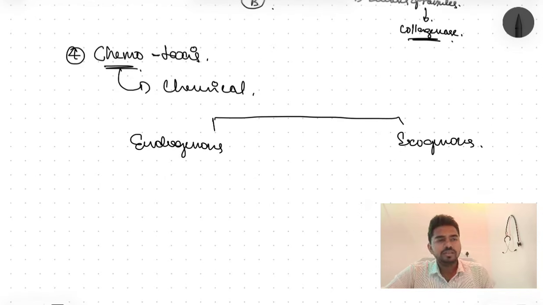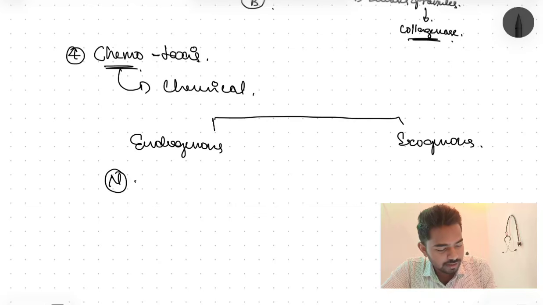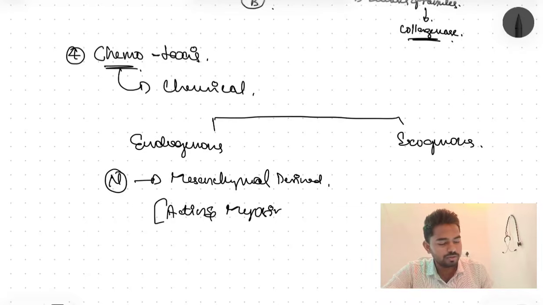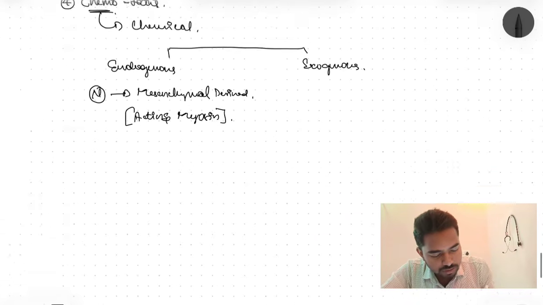Guys, you know, right? Neutrophil is mesenchymally derived. Mesenchymally derived means it should have actin and myosin. What happens if this is a neutrophil?